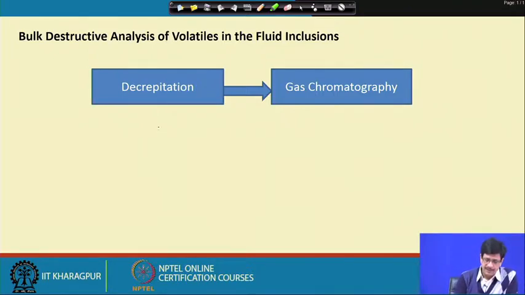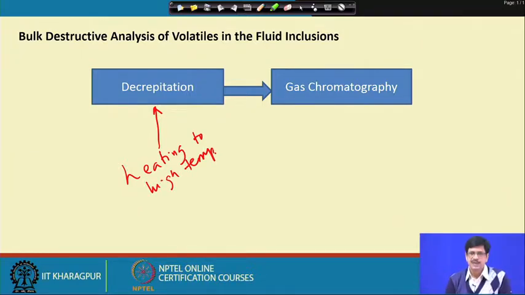For that we definitely have to release the volatile species, the gaseous species, from the inclusion cavities, and that we can achieve by heating to a high temperature.